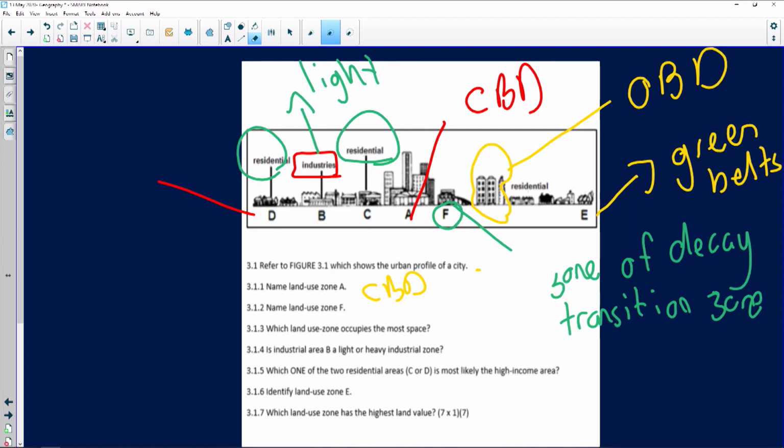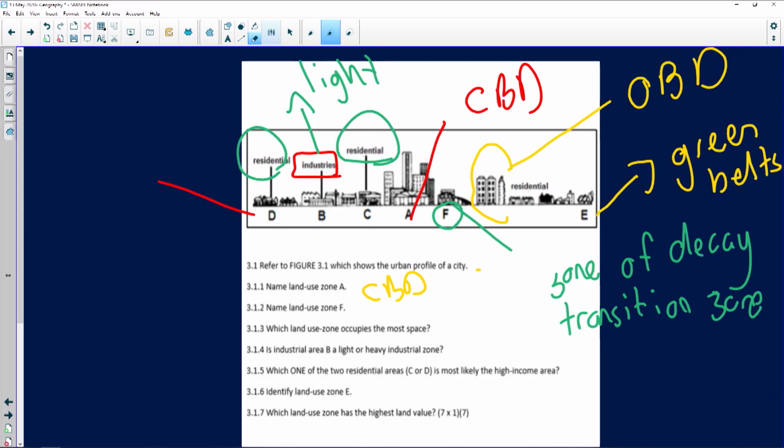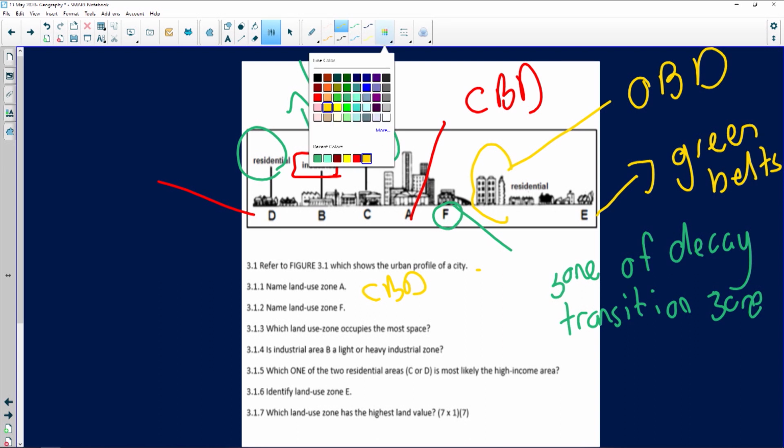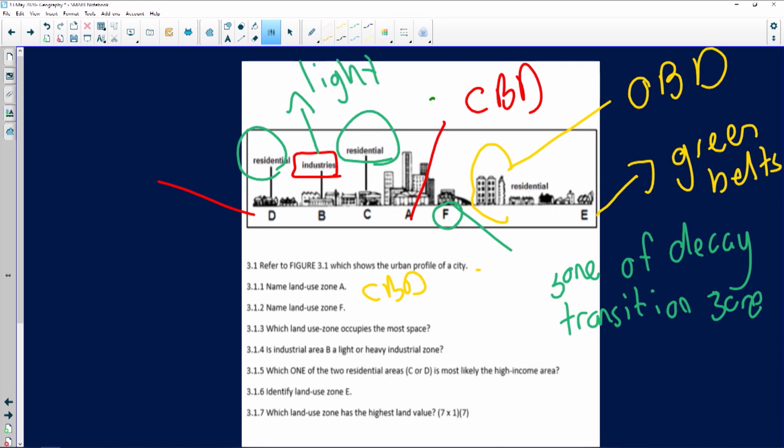We're talking commercial functions, for instance small shops, light industries, and residential areas right in between, usually low-income residential areas. Now, question 3.1.3, which land use zone occupies most of the space? Very similar to our previous question, the residential areas.